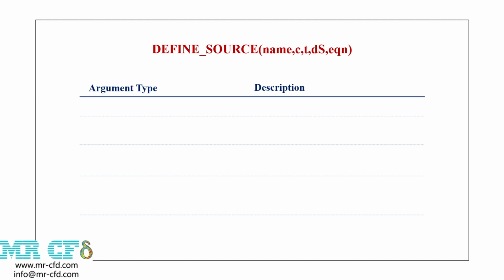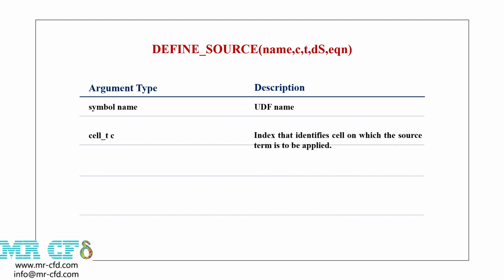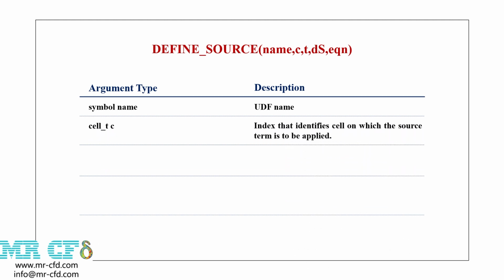The first argument indicates the name of the desired function. The second argument is an indicator of the cell index in such a way that it specifies a cell from a certain cell thread for the desired function to be applied on. The third argument is a pointer to that cell thread that the desired function should be applied to its cells.